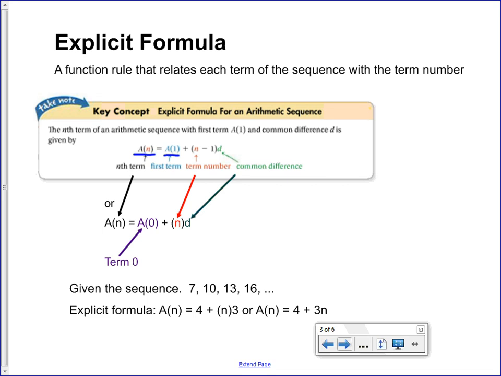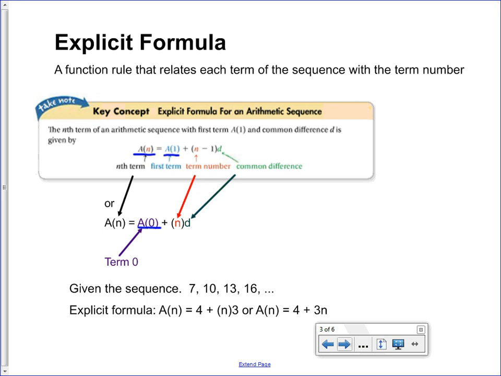The way I like to look at it is more like the equations that we've been writing. a_n is equal to term 0, which we are going to have to find. It's not given to us in a sequence. And then the term number is our n, and the d is our common difference.